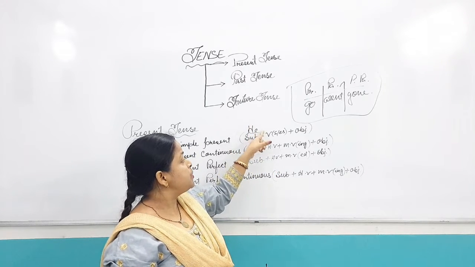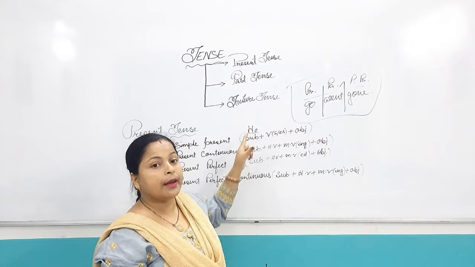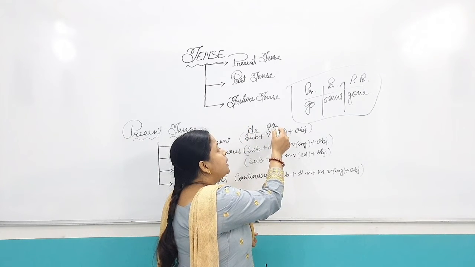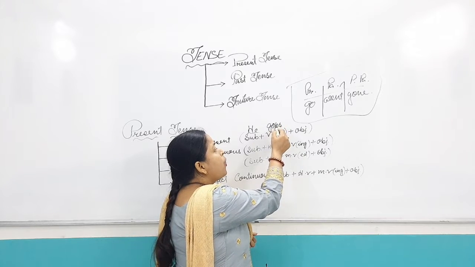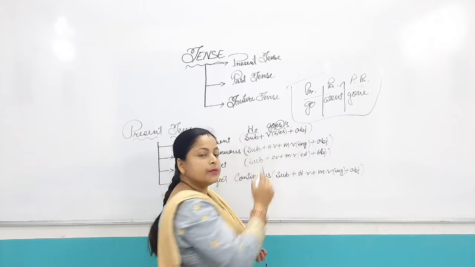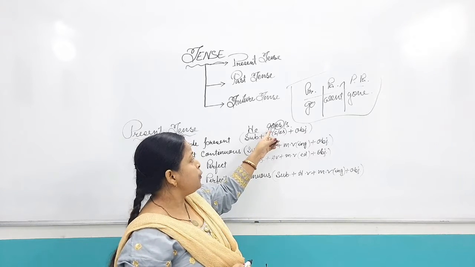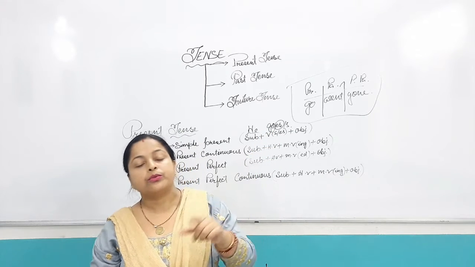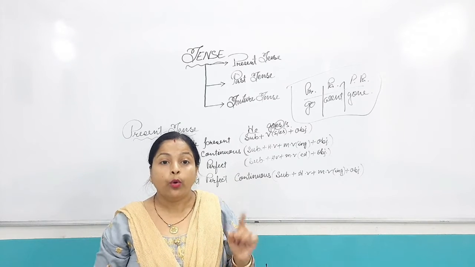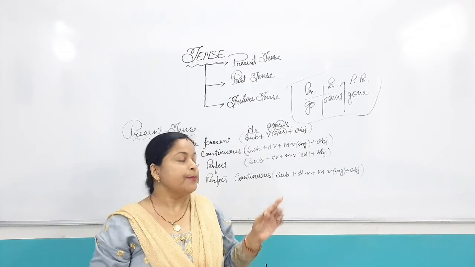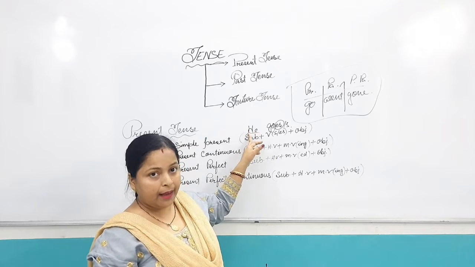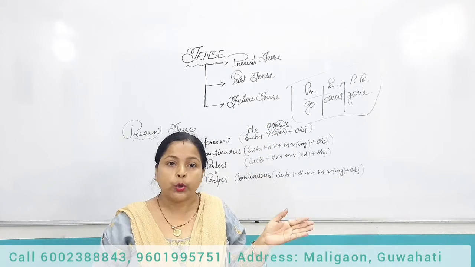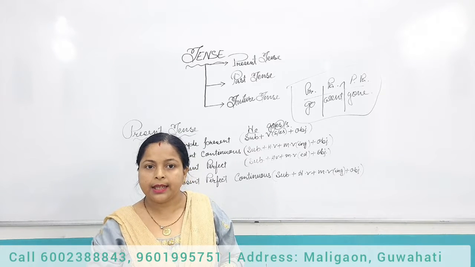So if the subject is third person singular number, then with the main verb we will use es or s. Suppose we use go, so we will use goes. He goes to school. It will not be go, it will be goes. If I would use they, we would use go, as they is plural number. I think it is clear.